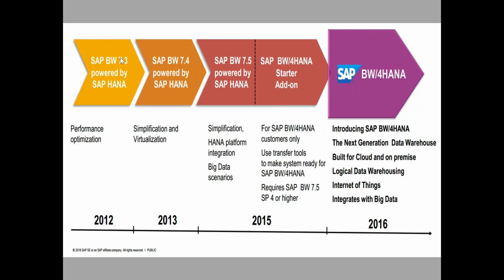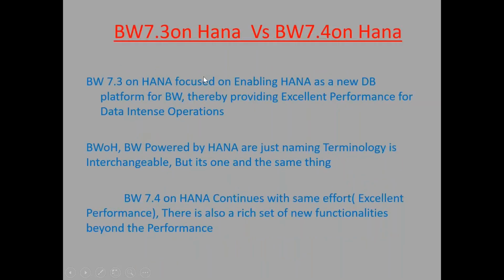Gradually we started pushing down many of the applications to the HANA database layer right from version 7.3. But what is the importance of 7.3? Look at this here. This is the 7.3 version. In BW 7.3, the focus was on enabling HANA as a new database platform for BW, thereby providing excellent performance for data intense operations.